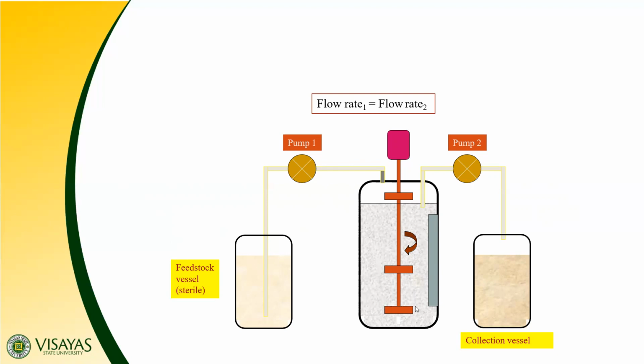There is also a continuous removing of the unused nutrients, and then there is also a loss of the cells that are also removed. So there is an achievement of the balance of the new formation of the biomass and the loss of the concentration of the cells. That is why the microorganisms are still at a maximum specific growth rate because of this technique. Okay, flow rate 1 is equal to flow rate 2.